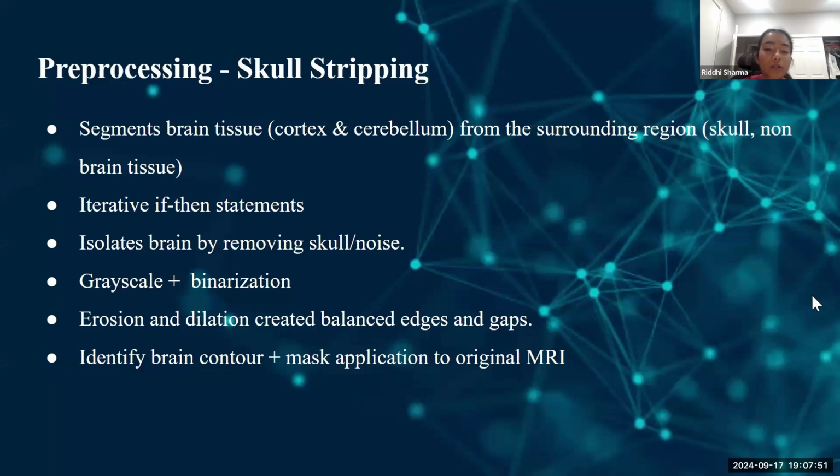And that means the contouring is going to plot the outlines of the segmented image. And until we get a good middle ground, which means until we have enough edges and gaps, we can maintain the original picture's general contour with a good level of detail and not too much noise. And finally, we will get the remaining part of the overlay, which is the brain, which is segmented out.